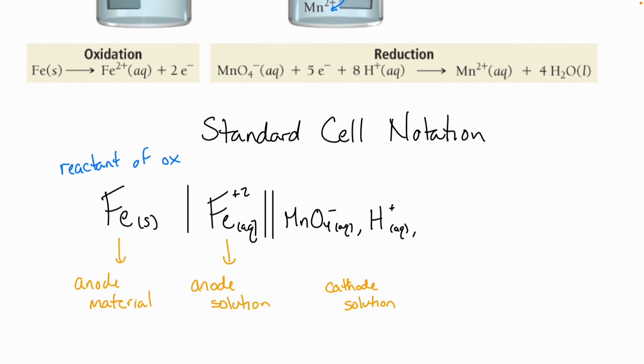And the convention is to include the hydrogen ions, or the hydroxide ions if this was a basic battery, but we do not bother to include water because water is always there. So I'm going to list all my aqueous components from both sides of my chemical equation, because this reduction reaction happened all in solution. Then my cathode material, my last box, is that inert platinum.